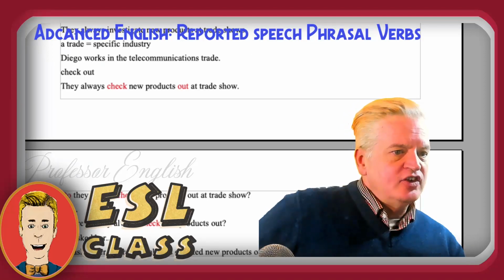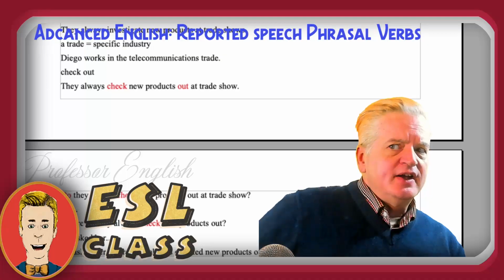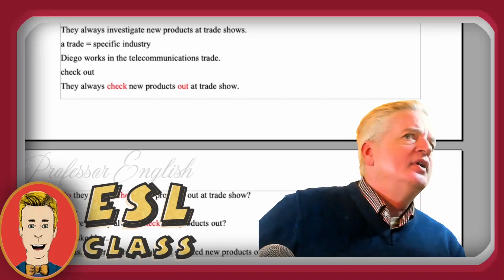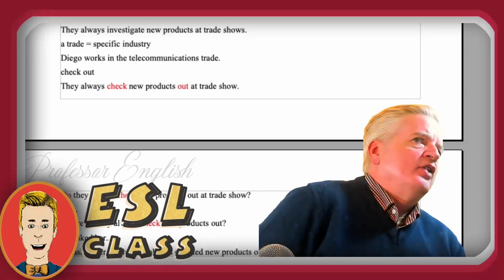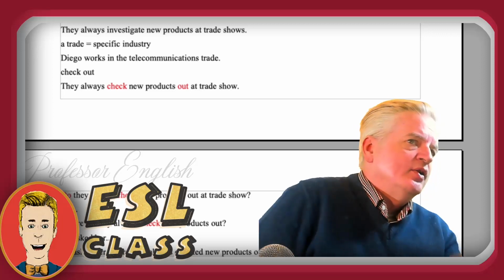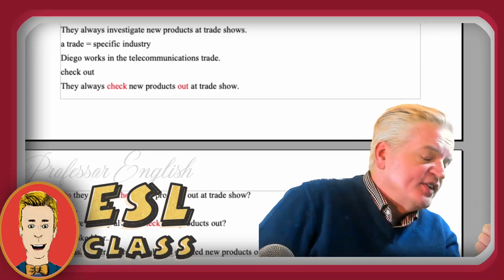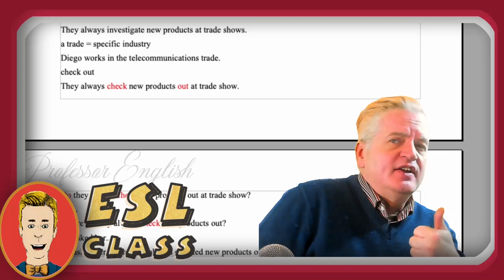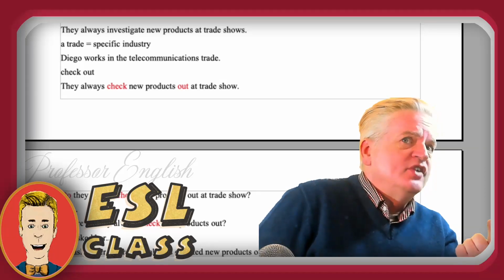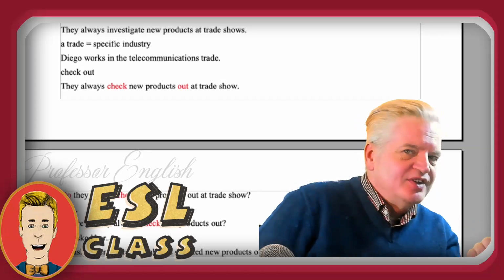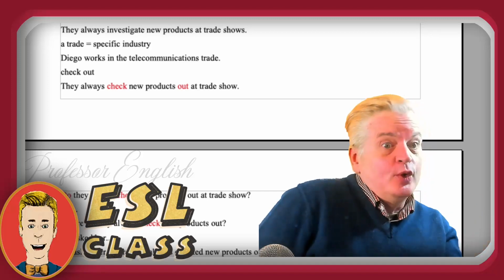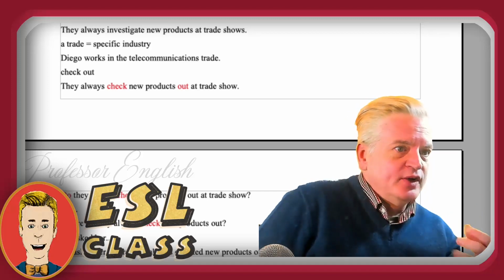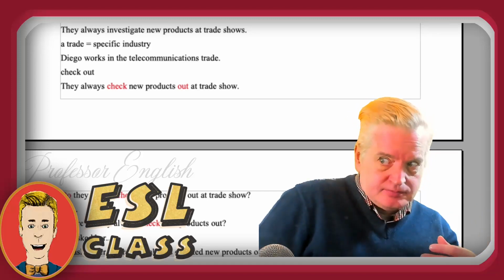What is a trade show? Trade is like business. So usually we talk about trade as an industry. You have the medical trade, which is the medical business. You have the technology trade, which is the technology business. The food trade, or the restaurant trade, which is the food business.